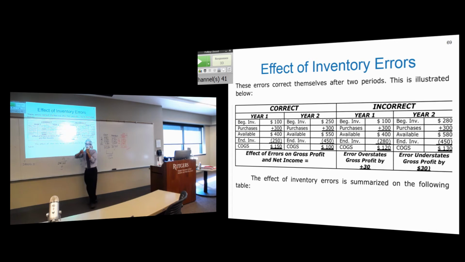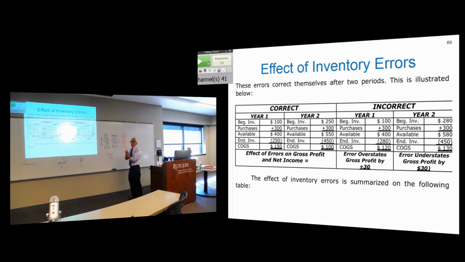Another critical point to keep in mind constantly: the ending inventory of one year becomes the beginning inventory of the next. Next year, beginning inventory is 250, purchases are 300, goods available are 550, ending inventory is 450, and COGS is 100. That is the correct reporting.